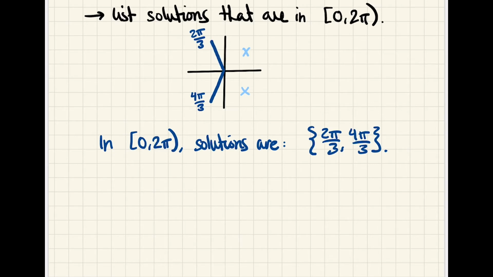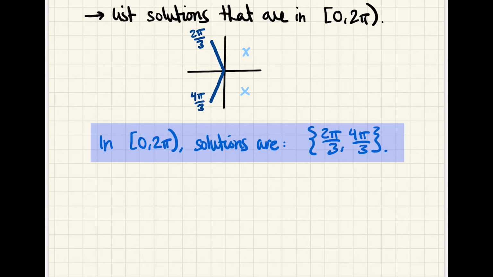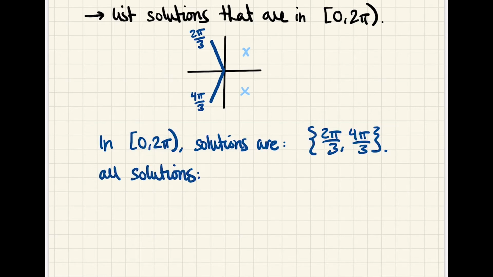And this also applies to adding multiples of 2 pi to this solution, 4 pi over 3. So even if a question says find all solutions, you still have to start by listing the solutions between 0 and 2 pi. Then what you do is you write down all solutions in the following way.